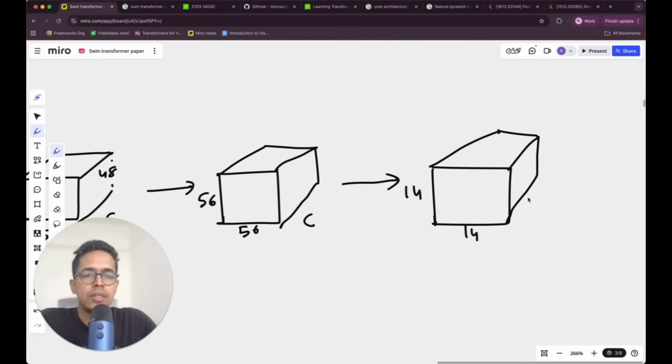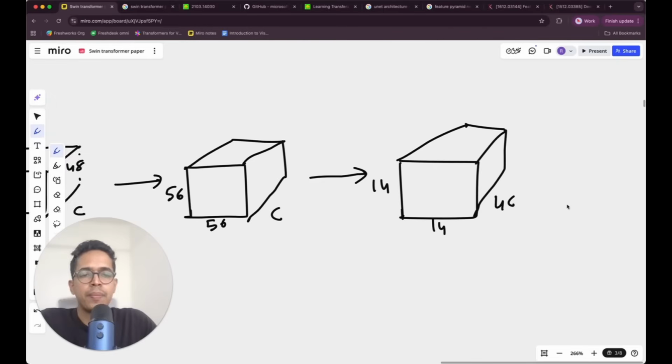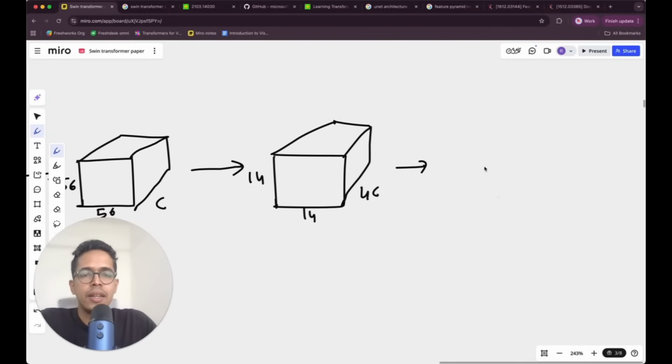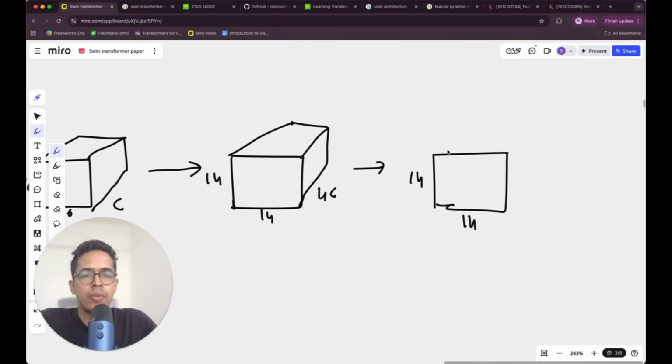So this depth dimension will become 4C. And then this is projected into a 2C dimensional space using a linear embedding layer. So this will remain 14 by 14, but this will become 2C.